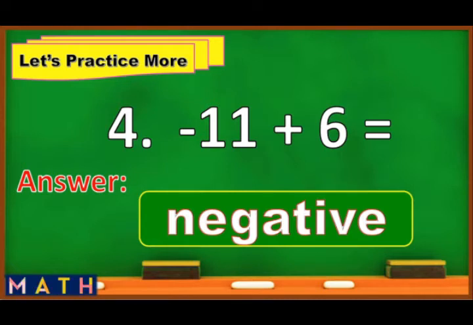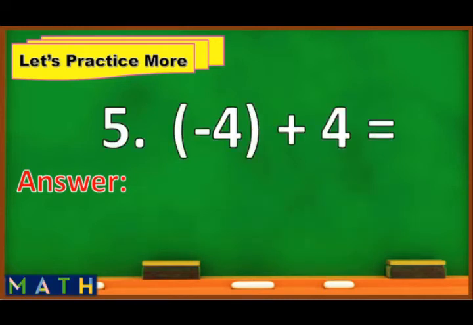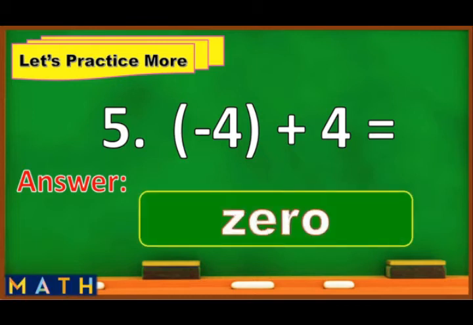Very good. And for the last item, number 5, negative 4 plus positive 4, what is the answer that you have? When opposite integers are added, it results in 0.